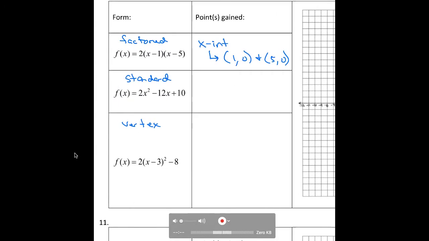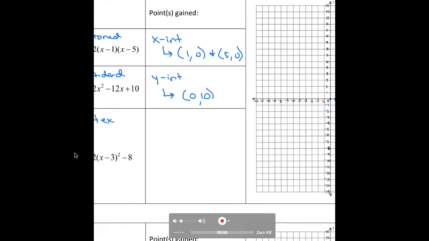Okay, standard form. What do I get from standard form? The y-intercept. And in this particular example, that would be at (0, 10). Yep. Because that's not in parentheses, so it's true to form. So I would just go 0 right or left, but up 10 on the y-axis.